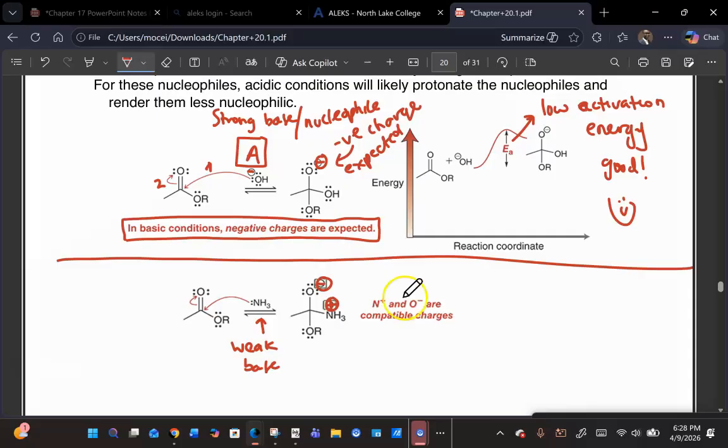A weak base like ammonia, not water, expect to have negative and positive because the negative charge on the oxygen is compatible with the positive charge on nitrogen. Lewis structure rules: you want the negative charge on the most electronegative element, positive charge on the least electronegative element.